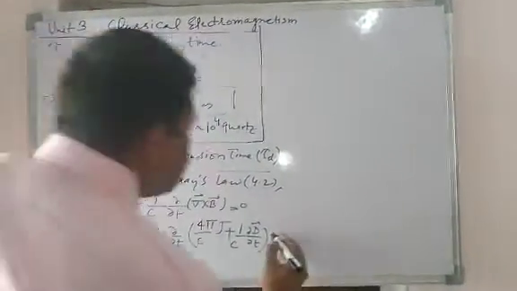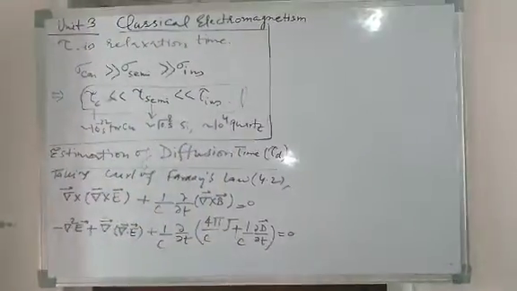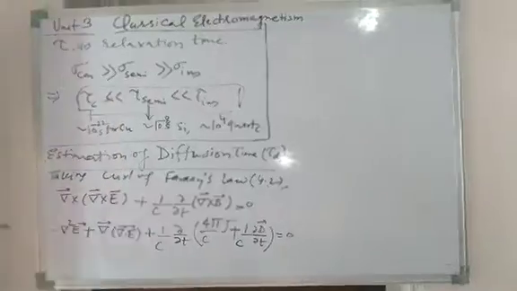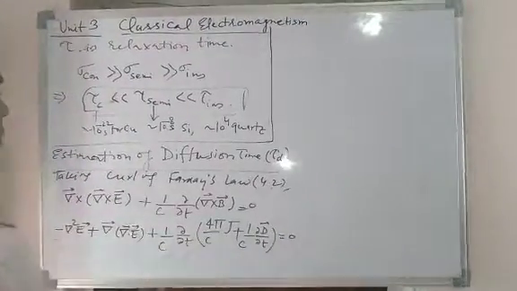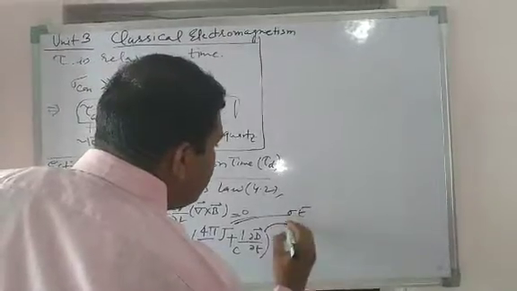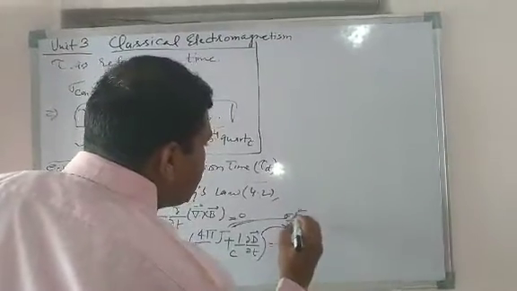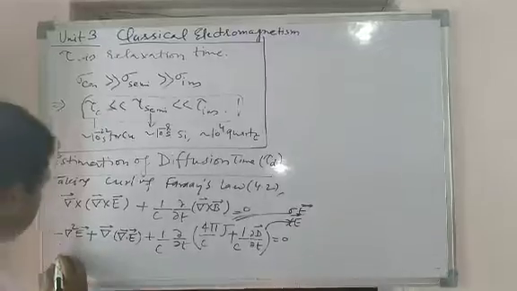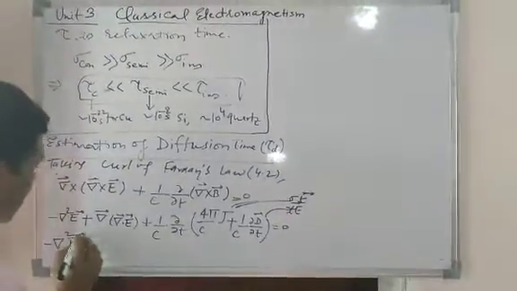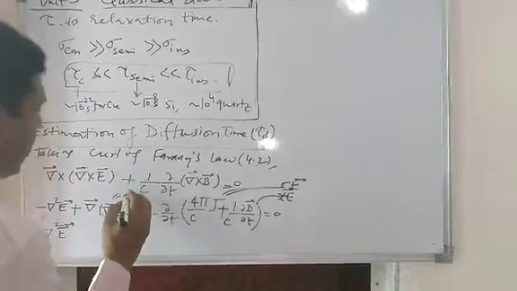So with these things, the equation that we will get is the following. We will use D is equal to epsilon E and we will use J is equal to sigma E. So if you do that, we will get del 2 E, and del dot D is equal to how much?